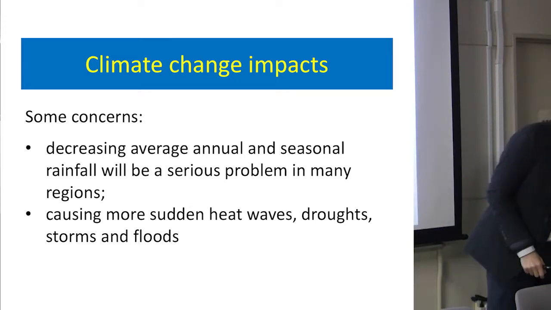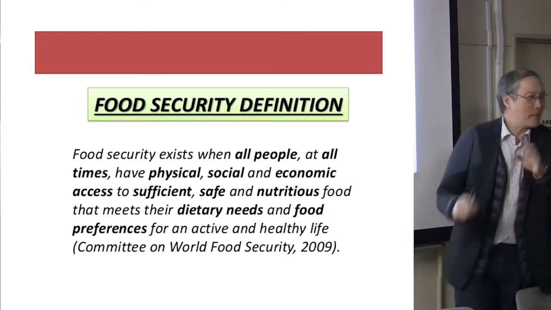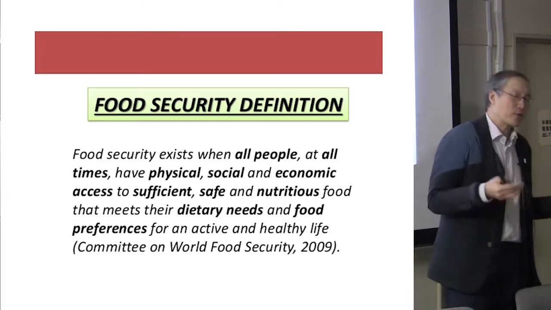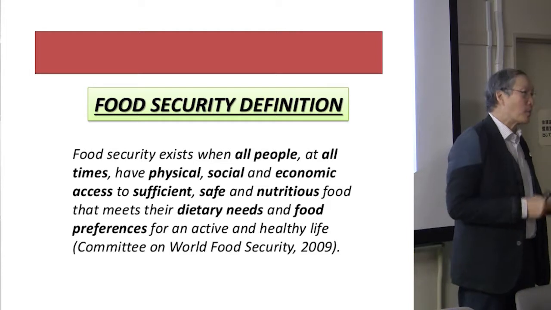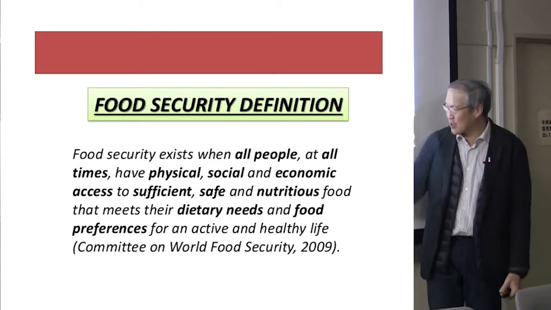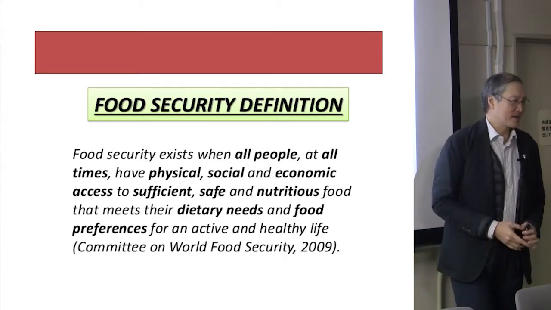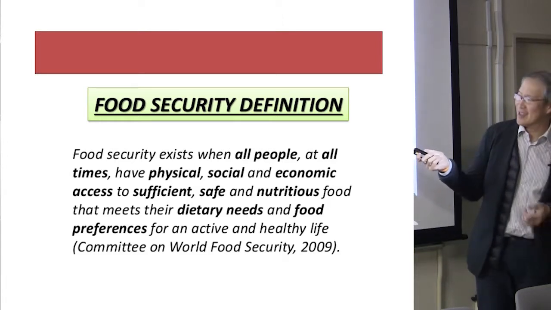So that brings us to food security. Because if we don't have sustainable aquaculture, sustainable food production, then food security can be a problem. So briefly, according to the Committee on World Food Security 2009, this definition is interesting because it is very perfectionist, you see.